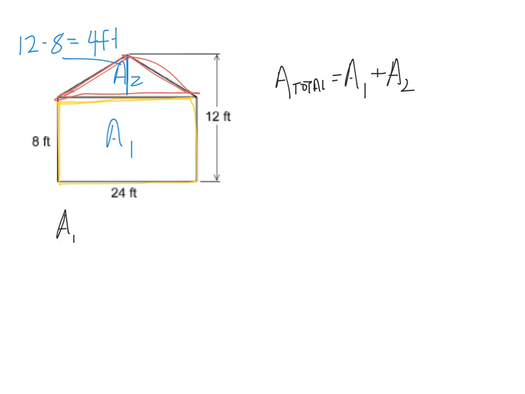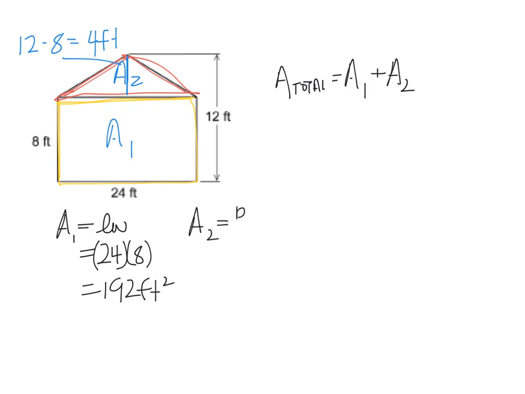A1 is a rectangle, so I get length times width. The length is 24, and I'm going to multiply that by the width, which is 8. And 24 times 8 gives me 192 feet squared. So I've done A1, now I can do area 2.